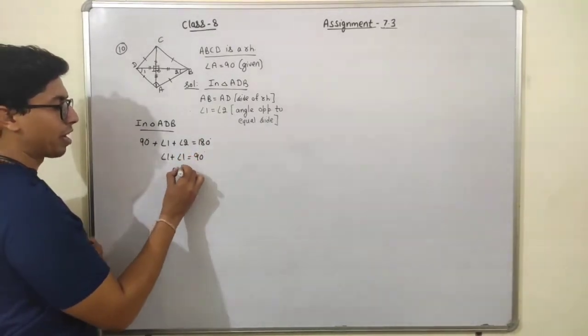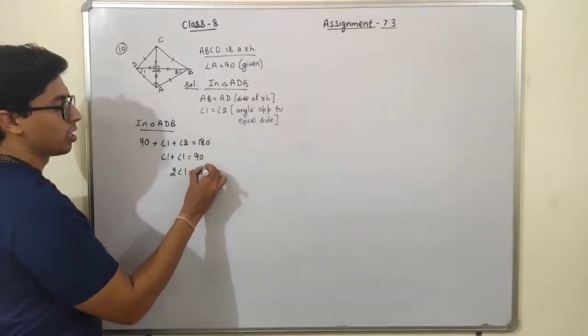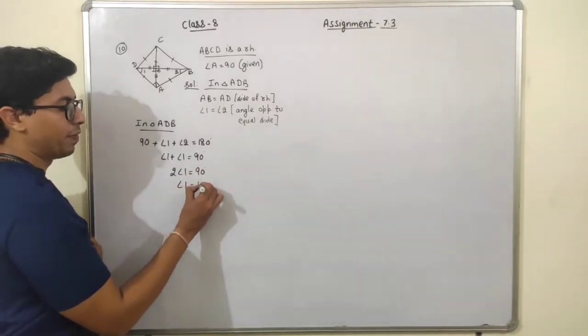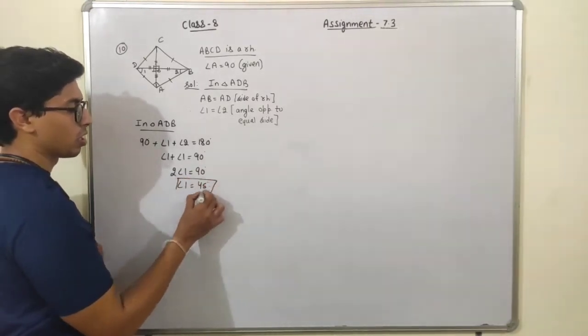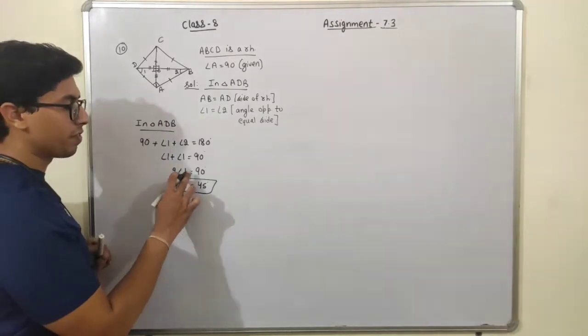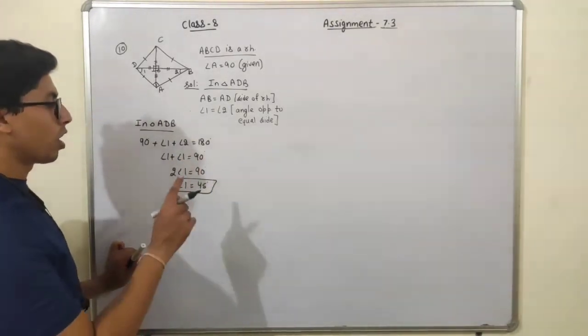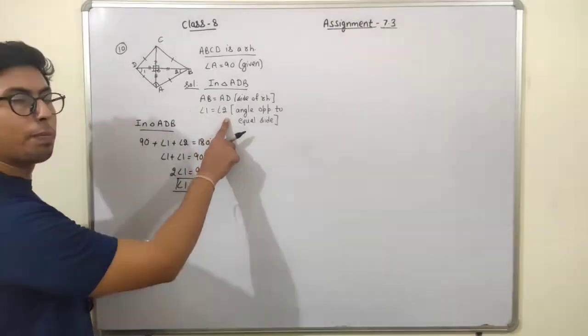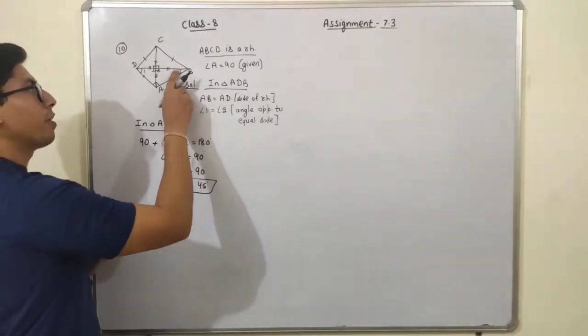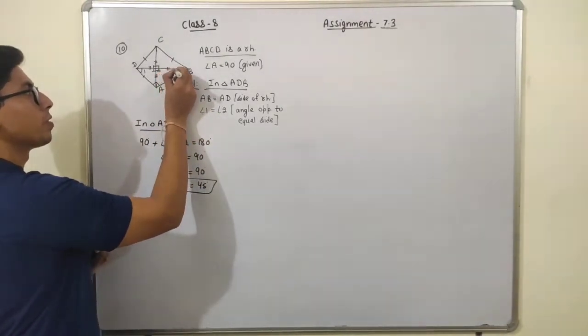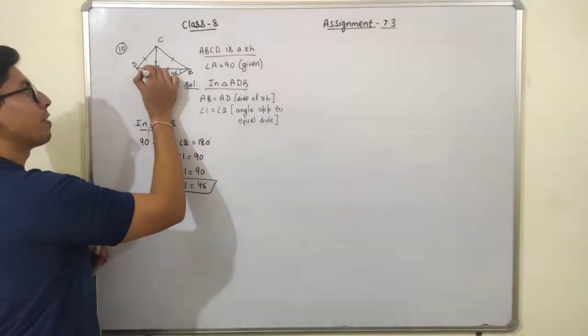So twice of angle 1 is 90. So angle 1 will be 45 degrees, students, because 2 is in multiplication and when it goes here it will be division. So now 1 is 45, so 2 will be 45 also. So this is 45 and this is also 45 degrees.